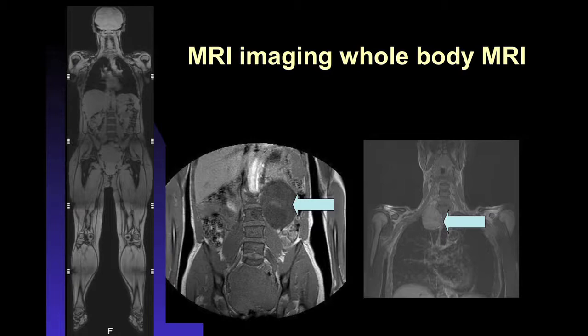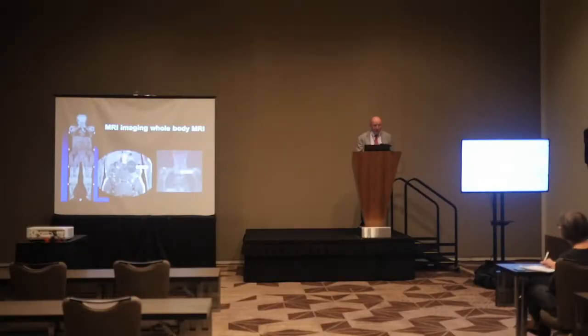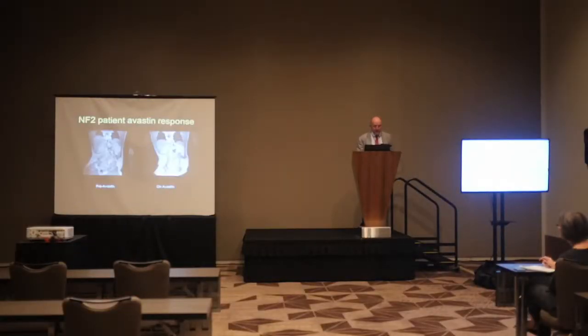You don't necessarily need whole body MRI to pick up tumors like this. This, in fact, turned out to be an MPNST in a SMARCB1 patient. And this actually was high on a PET scan, higher than this one, but this one was benign. So PET is not necessarily a very helpful thing in deciding.